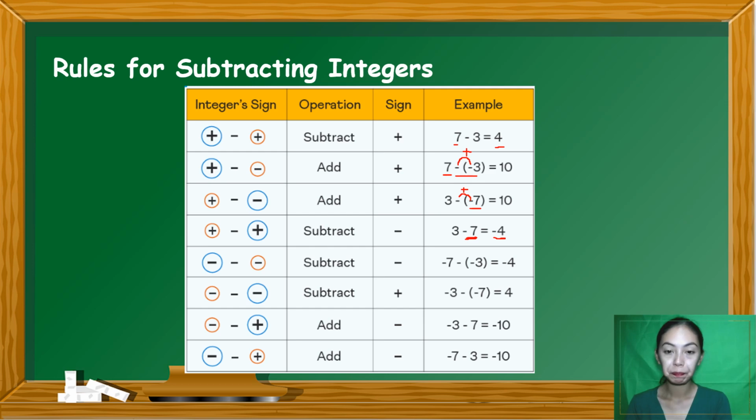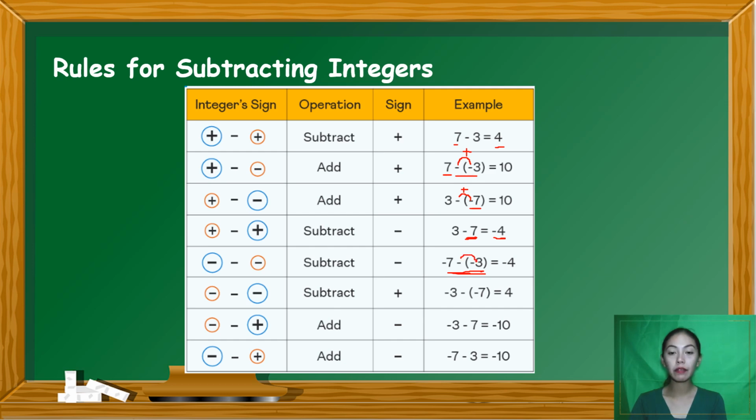Okay, next, we will subtract all negative. Negative minus negative. The operation for this one is subtraction, and the sign is negative. Okay, example: negative 7 minus negative 3 is equal to negative 4. Since minus and negative go together, we will operate this one.